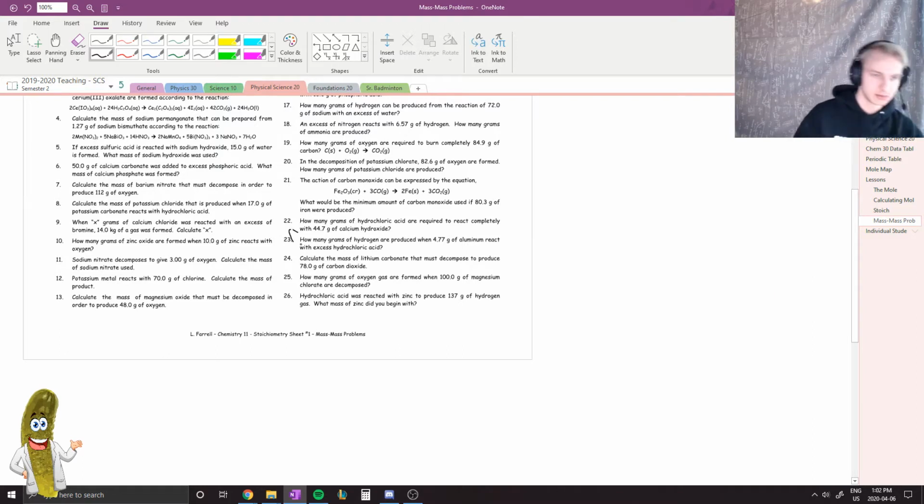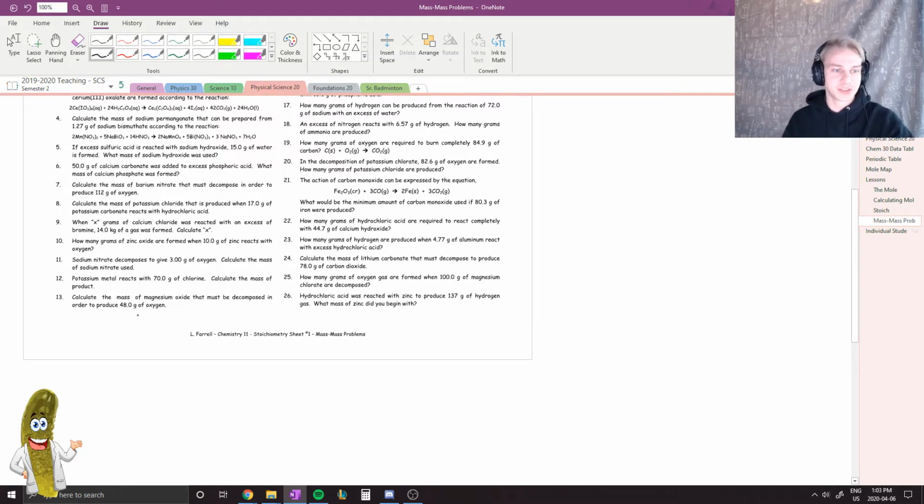Question 4 says: calculate the mass of sodium permanganate that can be prepared from 1.27 grams of sodium bismuthate, according to the following reaction. I don't even know how to say that.